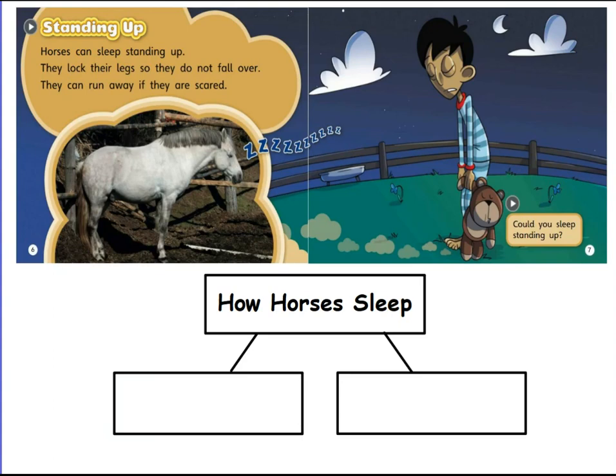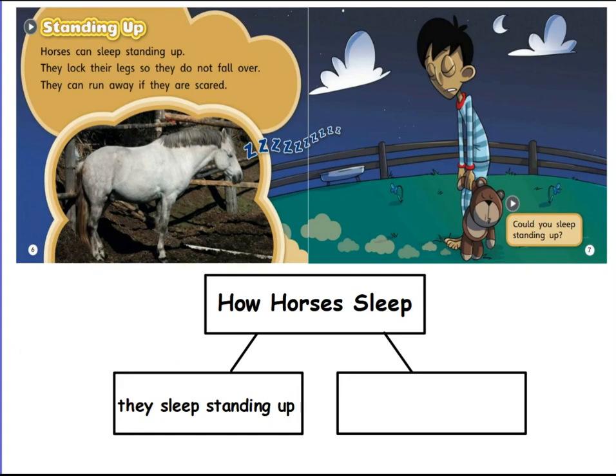So what do you think would be a good key detail? Did you say they sleep standing up? I think that would be a wonderful key detail because it supports my main topic.